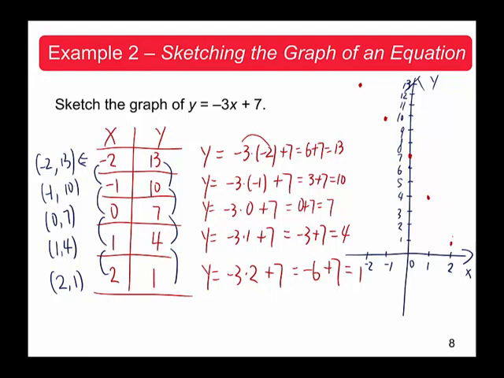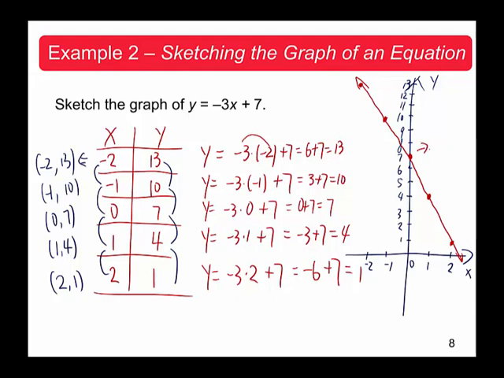Okay. And as you can see, this is a linear equation. So if you're connecting those 5 points, you get a line, right? So yeah, here we go. That's how basically plotting all those 5 points, connecting them, extending in both directions.